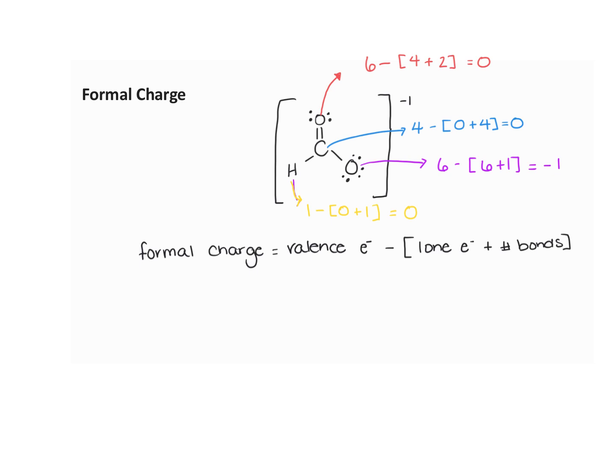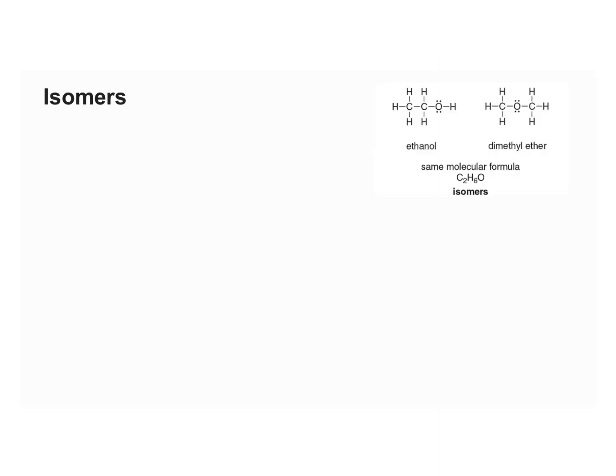Now, another thing that you can see when you're doing Lewis structures is isomers. Sometimes more than one arrangement of atoms is possible for a given molecular formula.